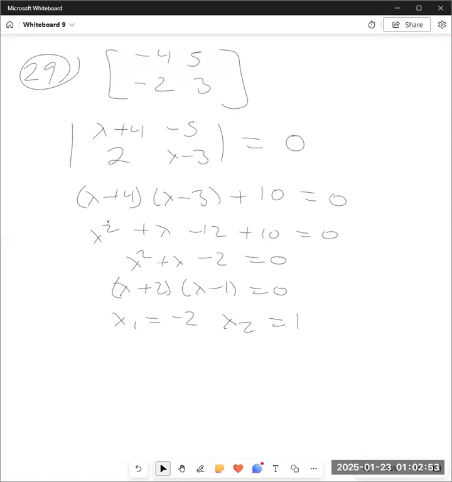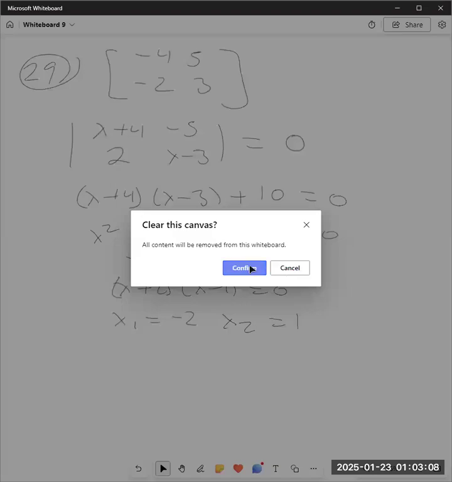So we're ready to move on now to number 35. 35 is also in the same section where we just want to find our eigenvalues. It's a little bit harder to find them here.